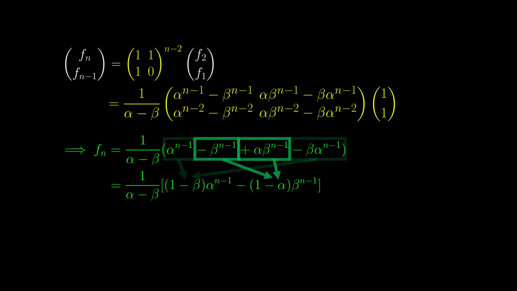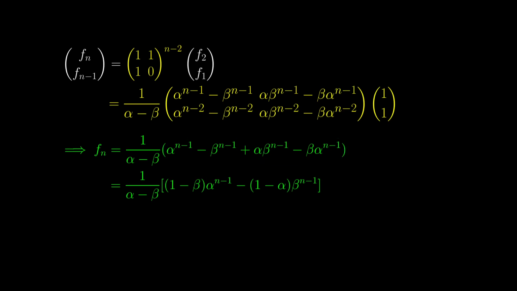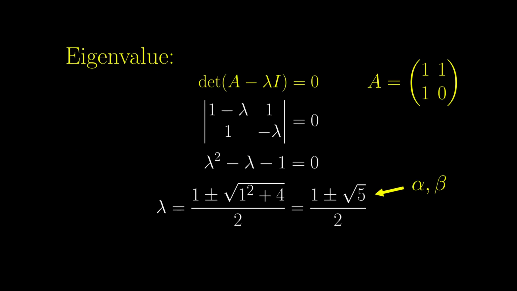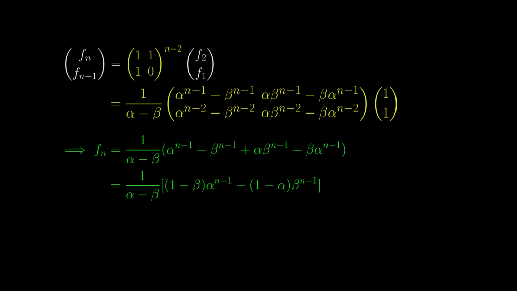Notice that right from the beginning of finding the power of the matrix, alpha and beta denote the roots of the quadratic characteristic equation, and here the two roots add up to 1. Going back, with the new relation between alpha and beta, we can further simplify to this, which is the Binet formula. So here is how we can use linear algebra to derive the Binet formula.